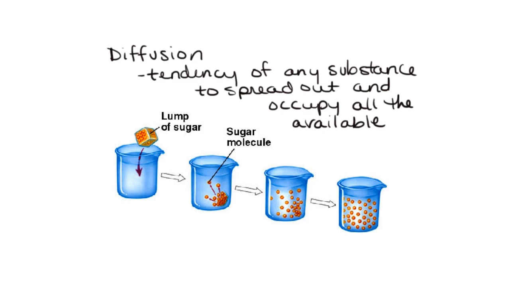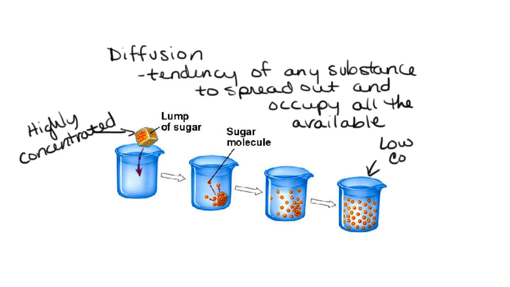Another way that we can look at this is that when we look at our sugar right here, it is very highly concentrated. So those sugar molecules are very, very close together. And then when we look at it over here in the glass of water, at this point, it is at a low concentration.